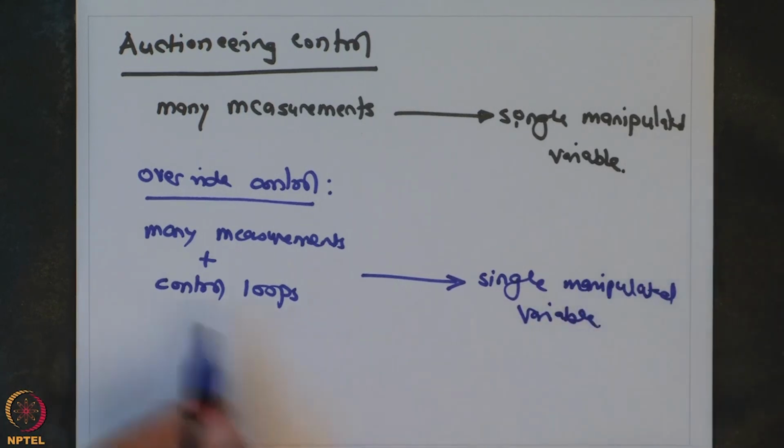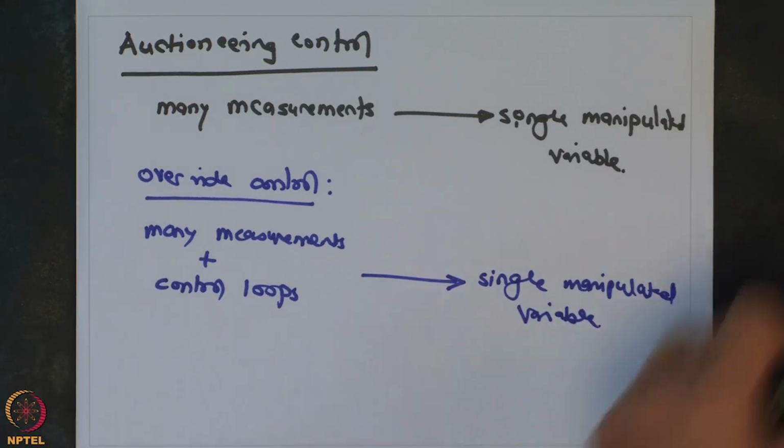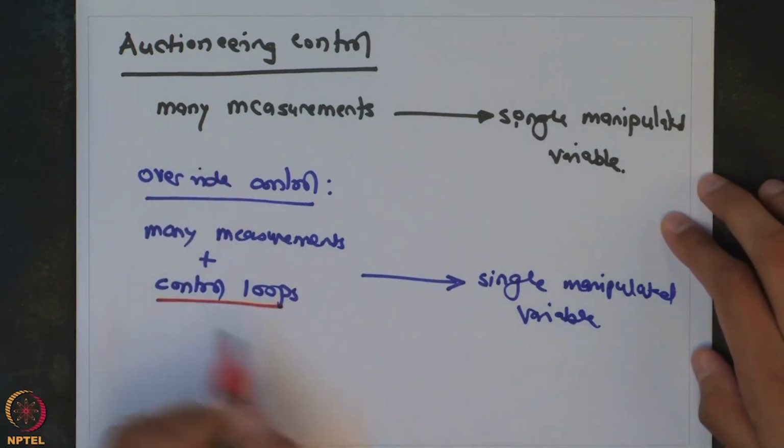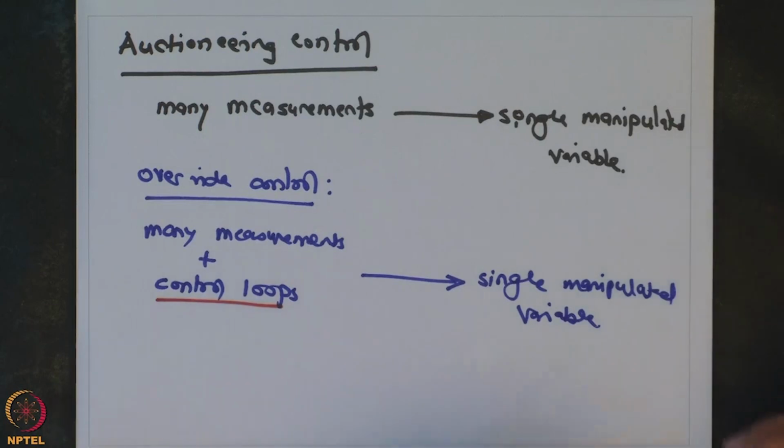So if you want to see the difference between the two, you will see that in auctioneering control we have many measurements, but we don't have that many control loops. So let us see how an auctioneering control looks, or what is the case where auctioneering control will really be useful.